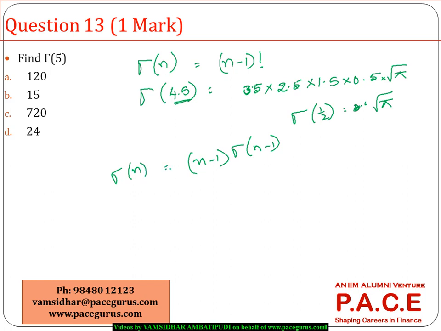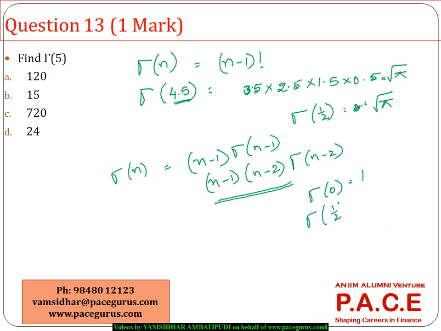So it's a recursive relation. It becomes n minus 1 into n minus 2 gamma of n minus 2, and that's how it keeps going on. That is where this becomes a factorial, because finally gamma of 1 comes out as 1, and if it is gamma of half, it works out to square root of pi.